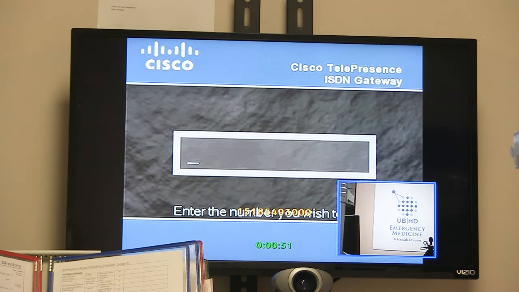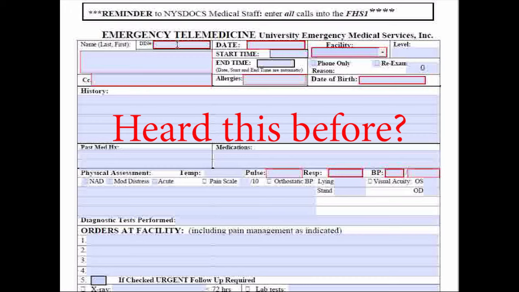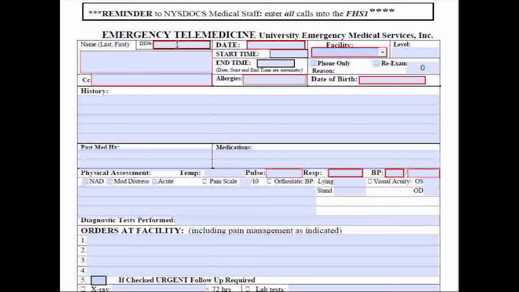Our format for name is last name first and then first name, DIN number in here, which is just the inmate's number. That'll be on the paperwork, and the inmate will know that. Now, a little note on the paperwork: about 25 to 30% of the paperwork that we get from DOCS is wrong as far as their DIN and or spelling of their name.